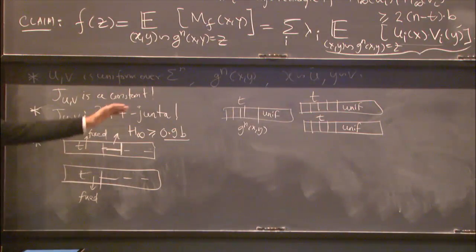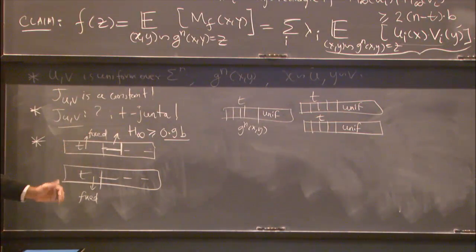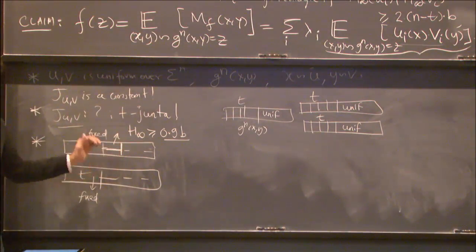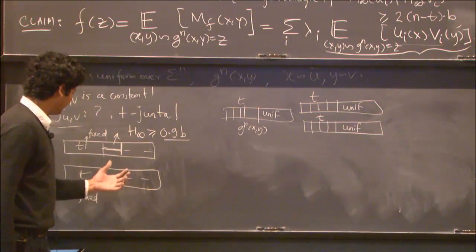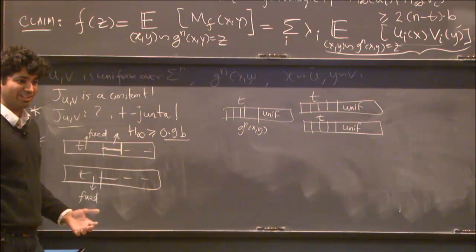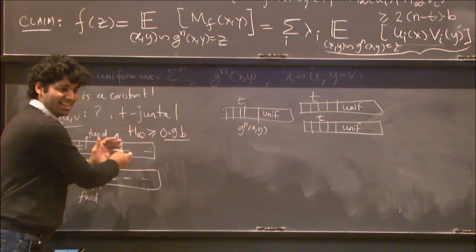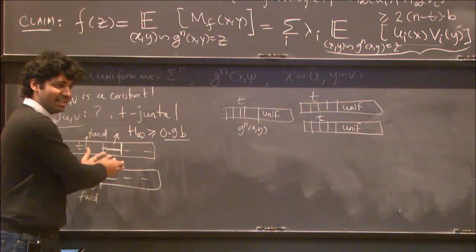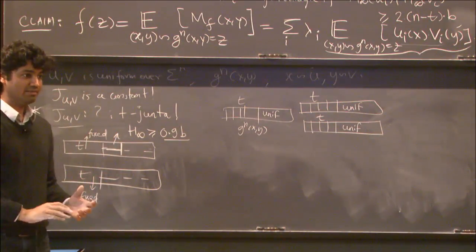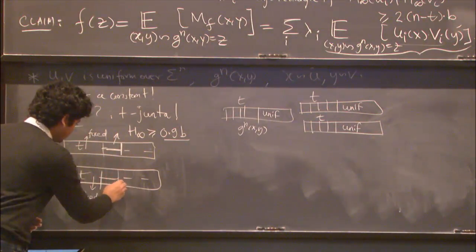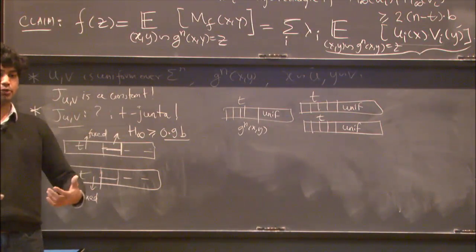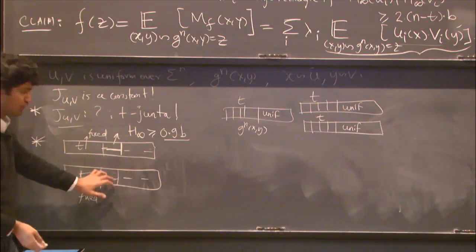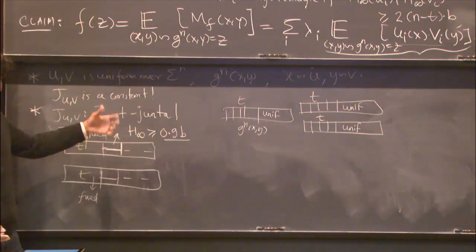The first T blocks, the reasoning has to be the same. They are going to be fixed, but now I'm not uniform here, but I apply g^n, and here is where g being an inner product actually matters. In some sense now I am preaching to the choir here. I am applying g^n, which is a strong two-source extractor, to distributions which are blockwise high min entropy. Look at any corresponding blocks. They have 0.9 b entropy.